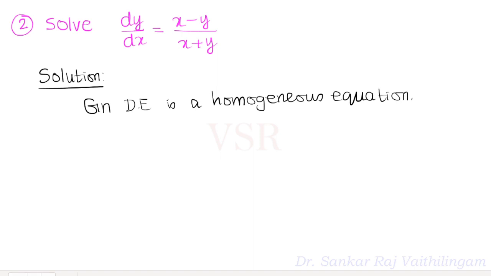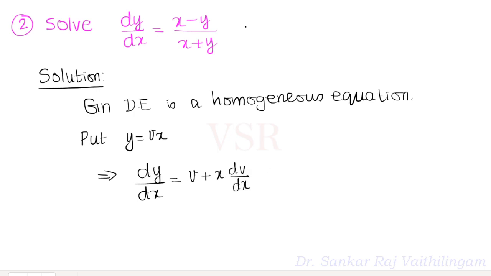Okay, so put y which is equal to v times x. So this implies that dy by dx is equal to v times 1 plus x times dv by dx.